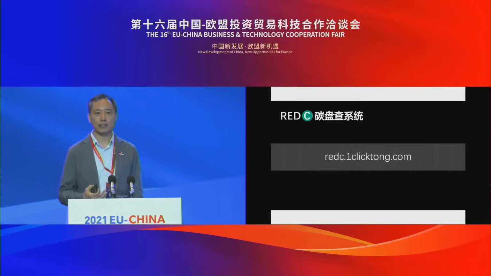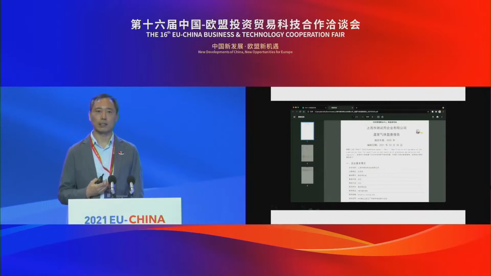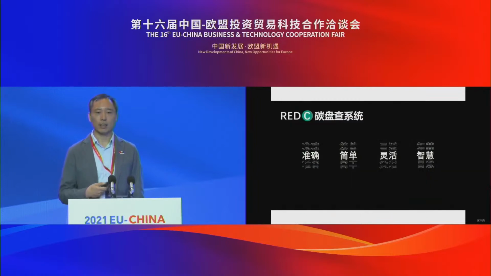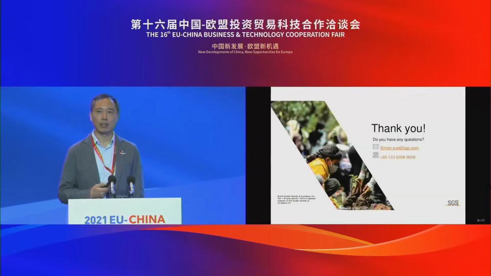We put a lot of know-how into this system, and a lot of enterprises can use it. So this is what we would like to do, and what our target is.